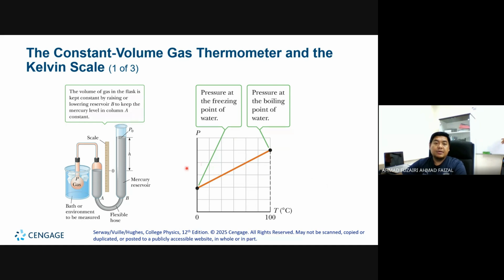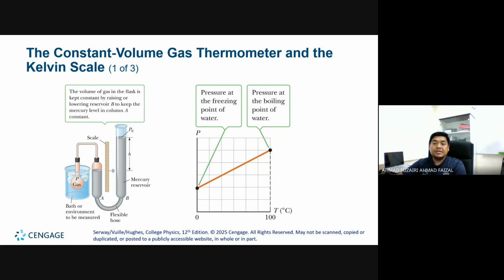As you can see, there is the pressure at the freezing point of water, at a certain value, and the pressure at the boiling point of water at around 100 degrees Celsius.